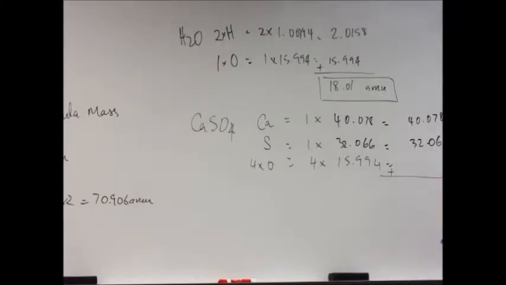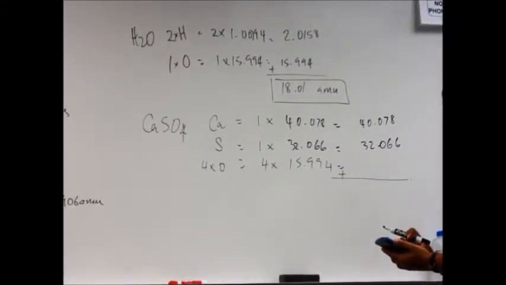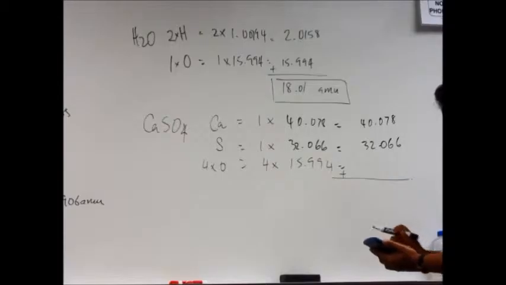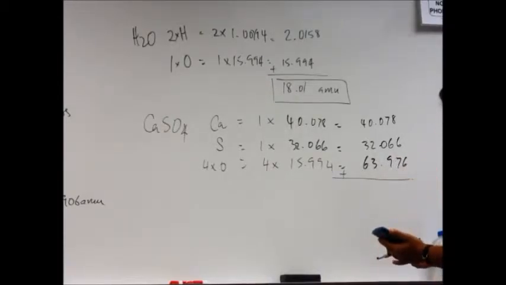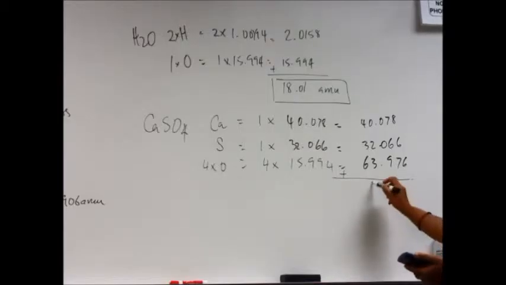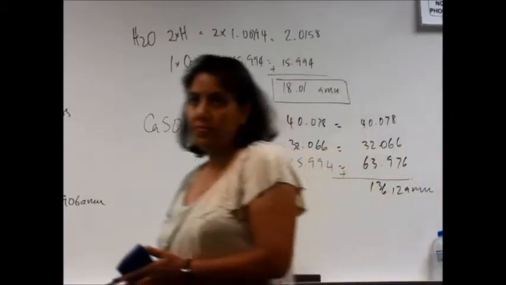And 4 times 15.999 is 63.976, plus 32.066, plus 40.078, gives 136.12 AMU.